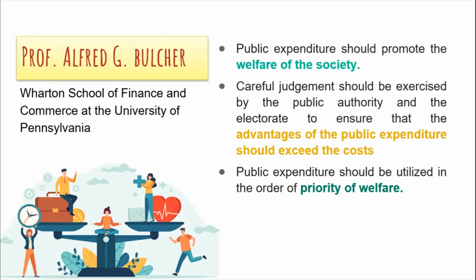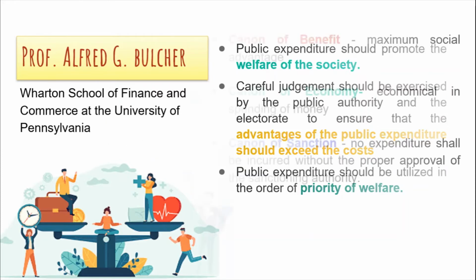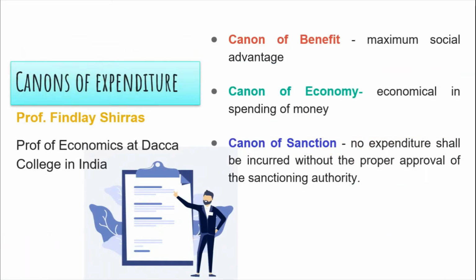In addition, Professor Findlay Shirras, a professor of economics at Dhaka College in India, has explained several canons of public expenditure. So, number one is the canon of benefit. The ideal of this is maximum social advantage, meaning the expenditure should be for the greater good of everyone.